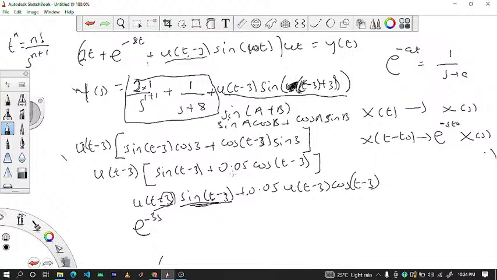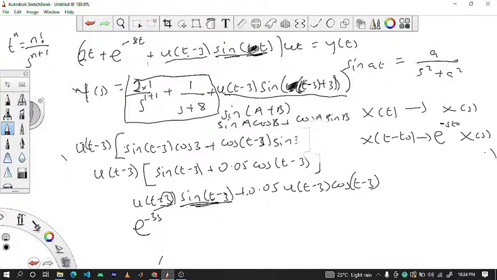So now when we get here, we just have to write the expansion for sine. Since I've cancelled the 10, that means that initially it was just a sine t. You know that if you have a sine at and you find a Laplace transform, it will give a over s squared plus a squared.